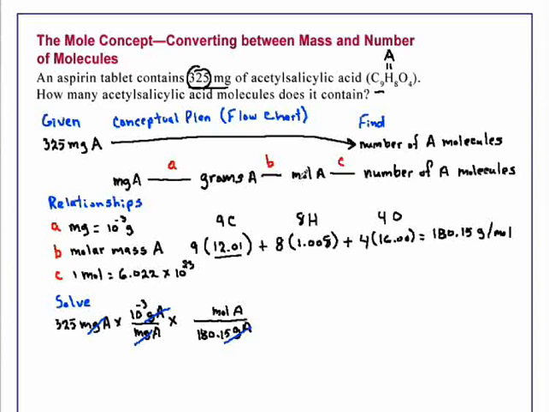The final step will take us from moles of A to number of A molecules, and we're going to employ the relationship designated by C, which is that 1 mole of A is 6.022 times 10 to the 23rd molecules of A. So 1 mole of A contains 6.022 times 10 to the 23rd A molecules.